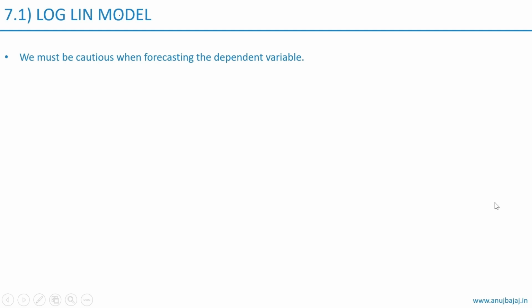We must be cautious when forecasting the dependent variable because using the simple linear regression model, the value that we get is the logarithmic value of the dependent variable. We need to remember to convert this to the actual, or linear, value of the dependent variable.